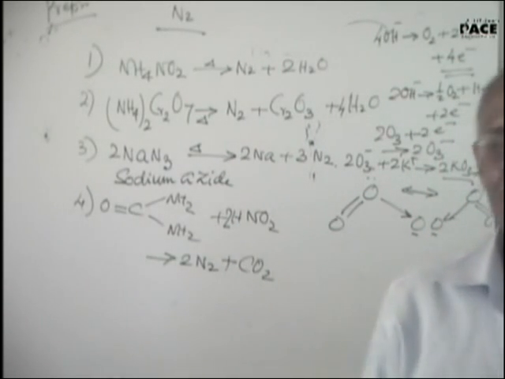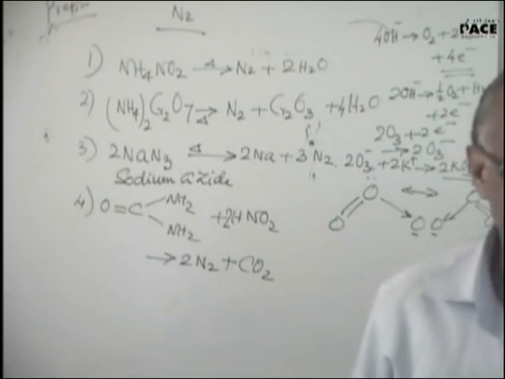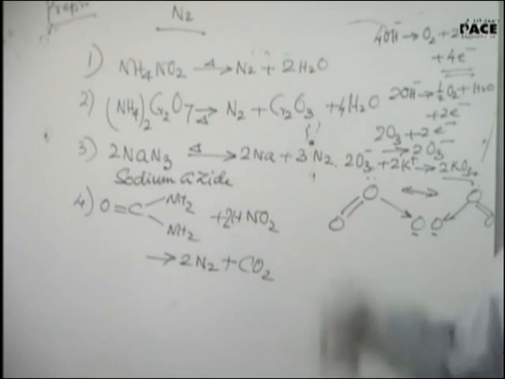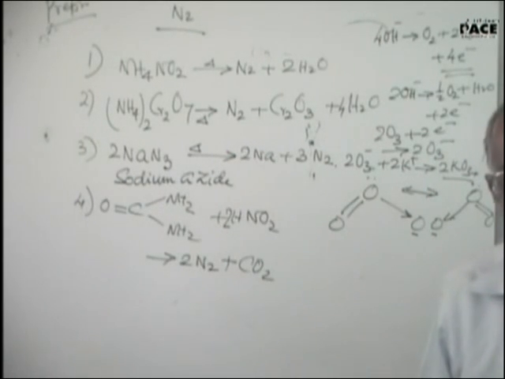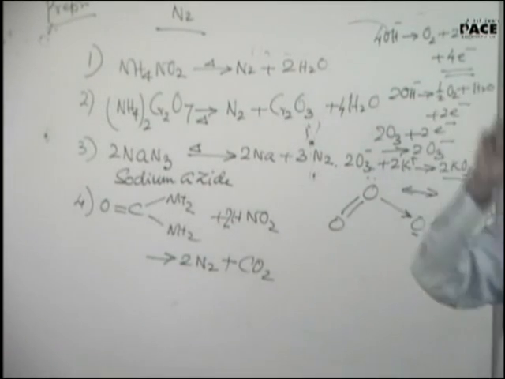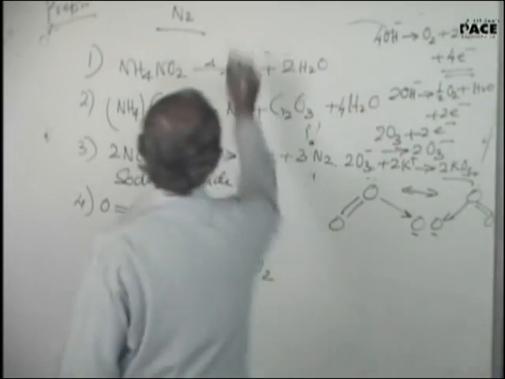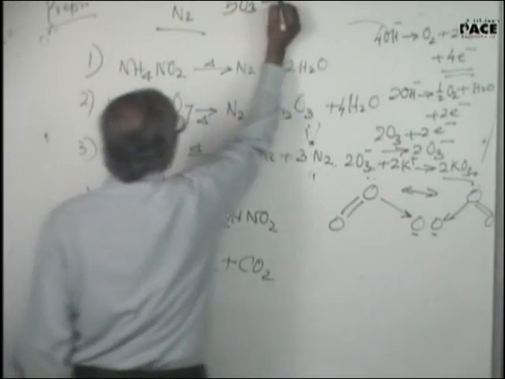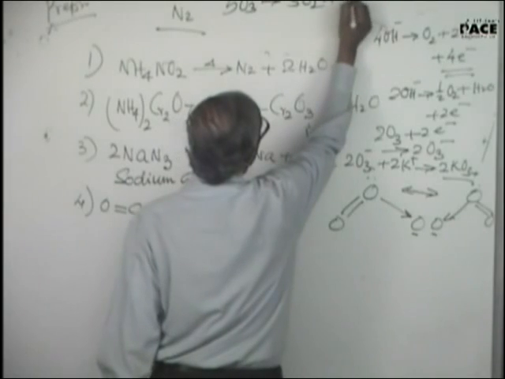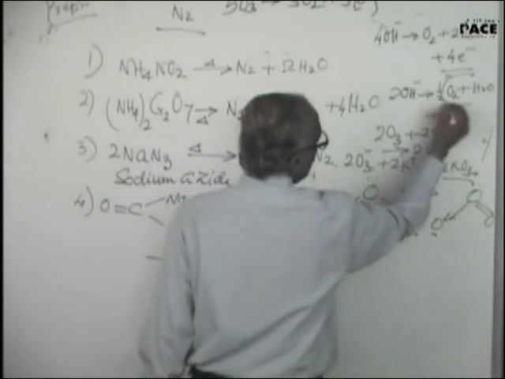As soon as I got that hydroxide ion is my source, which goes to oxygen and gives electrons, immediately I could write that 5O3 will give me 5 oxygen molecules plus 5 nascent oxygen atoms, and I get 1 oxygen from here.